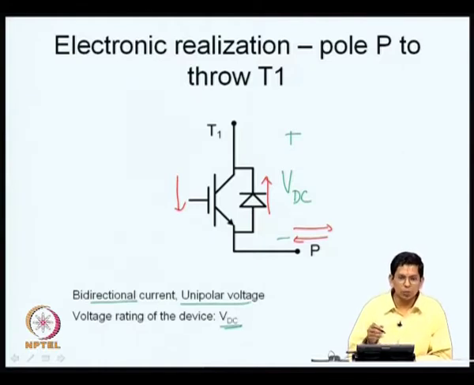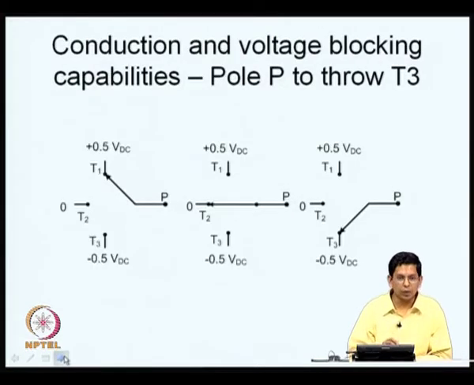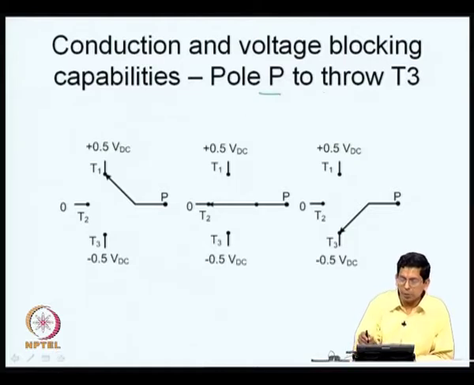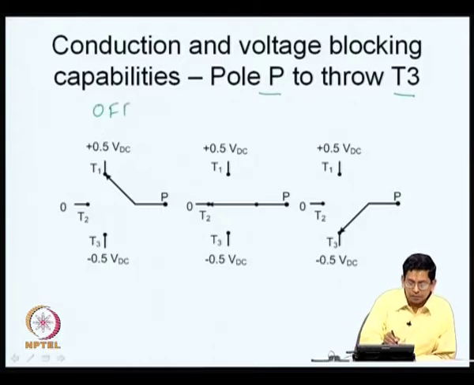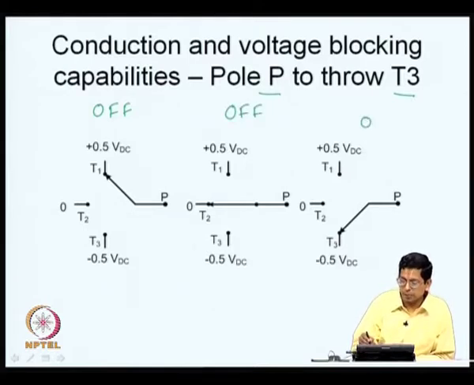This is only one step towards the realization of a single pole triple throw switch. Now, let us look at the next one. Let us look at the conduction and voltage blocking capabilities between the pole P and throw T3. Between pole P and throw T3, this is now the off state, whereas this is the on state.